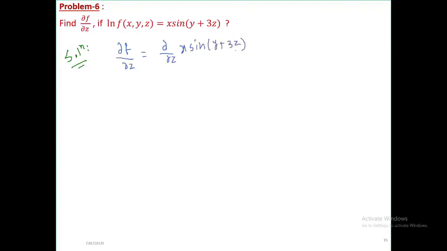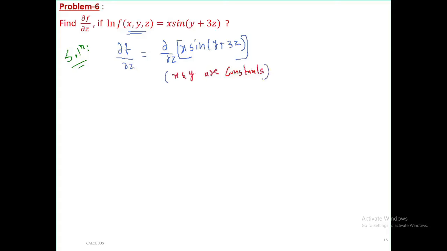Okay. Now with respect to z you are doing, f is a function of three variables, look at x, y, z. Now with respect to z you are doing means what? That x and y are constants.